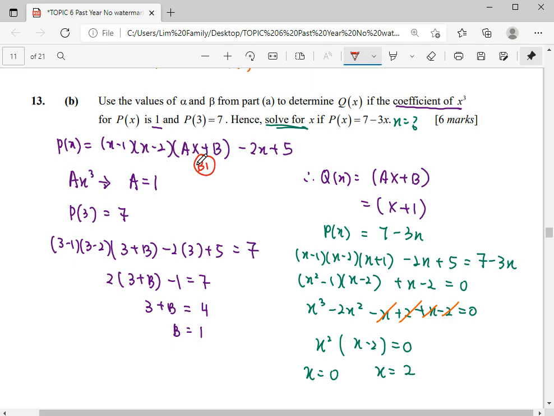Then we managed to get a equals 1 so far. Then we use the a equals 1 that we know to solve for b. So that will be answer a and b. Then we let our equation equal the question given here, 7 minus 3x, and find out what our x is.